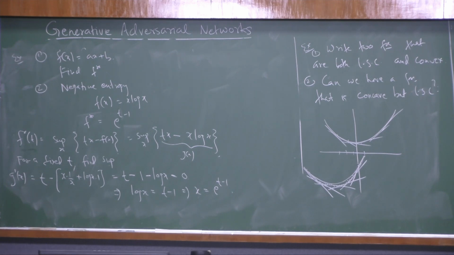For a given t we have maximized: to maximize we took the derivative and equated it to 0, and that gave me x.